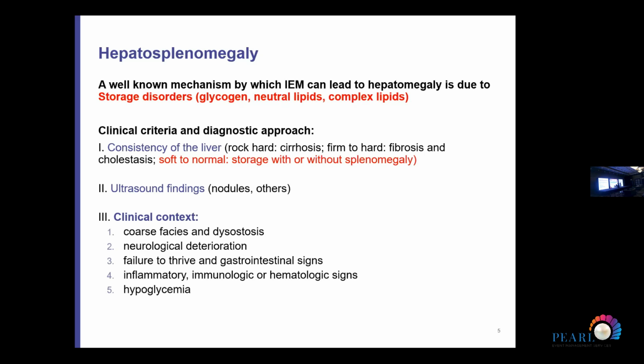So if you have a child with hepatosplenomegaly, please look for coarse facial features, presence or absence of dysostosis multiplex, any sign of neurological involvement or regression, especially failure to thrive, any other GI signs, presence or absence of, of course, investigations of inflammatory, immunological, or hematological signs, and lastly, if the child has recurrent hypoglycemia. So this will greatly help you to categorize your patient and hopefully reach the right diagnosis.